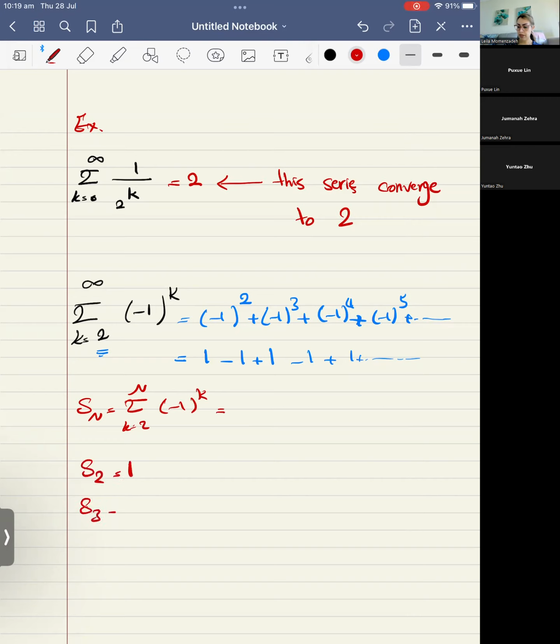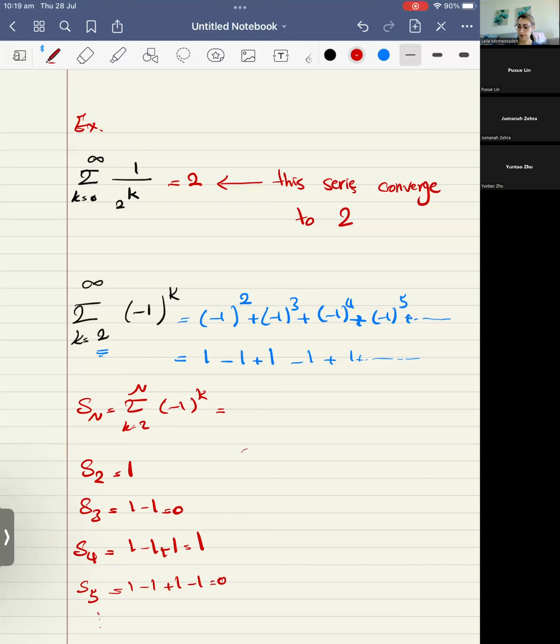S3 is 1 minus 1, which is 0. S4 is 1 minus 1 plus 1, which is 1. S5 is 1 minus 1 plus 1 minus 1, which is 0.